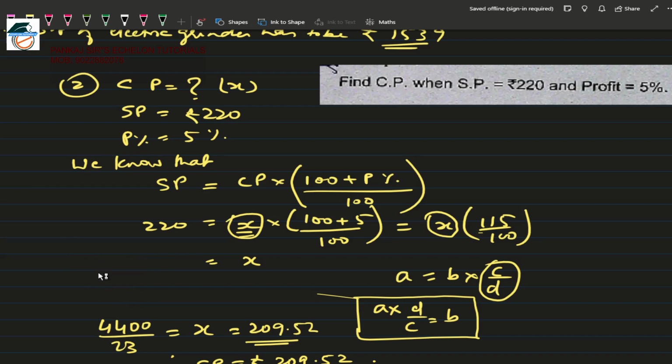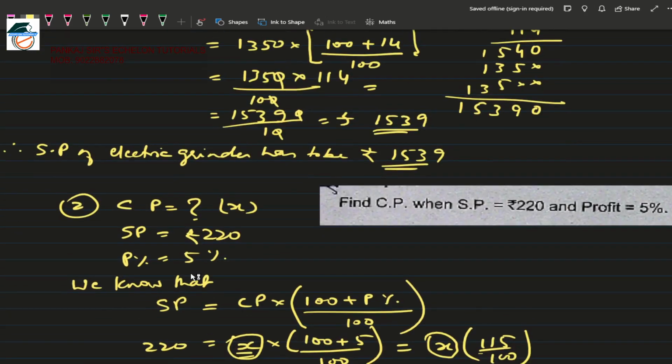Here you have 220 into 100 upon 115. Now 220 if you divide by 5, you get 44, which is absolutely correct.